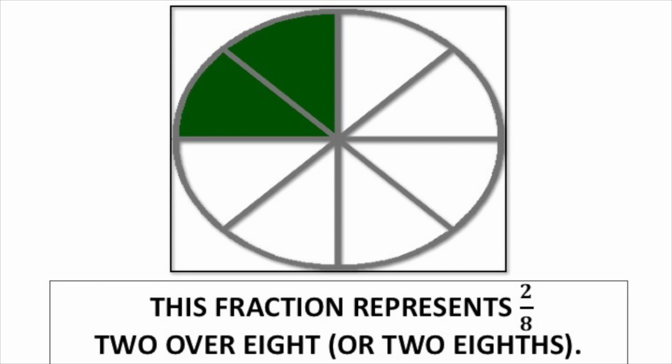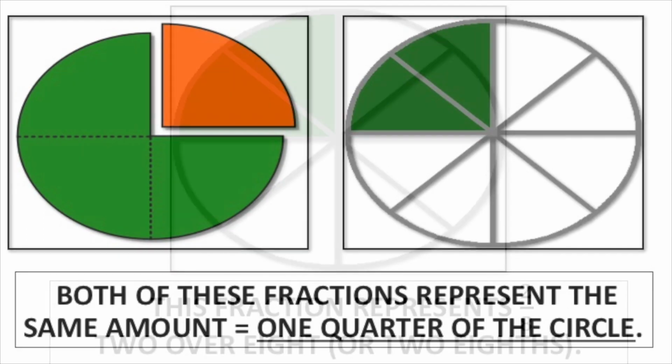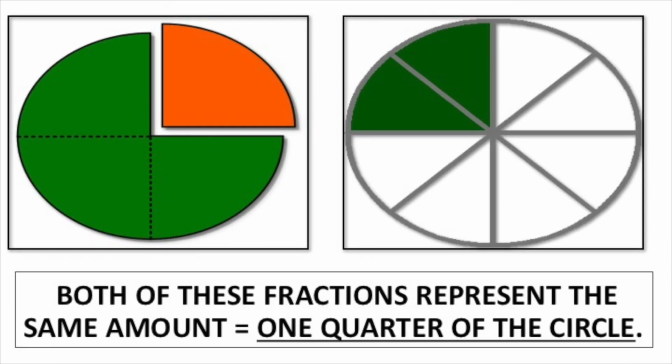Or 2/8. Both of these fractions represent the same amount. 1/4 of the circle. So when we're comparing these two fractions, we can say equal to. Okay? Because they both display the same amount.